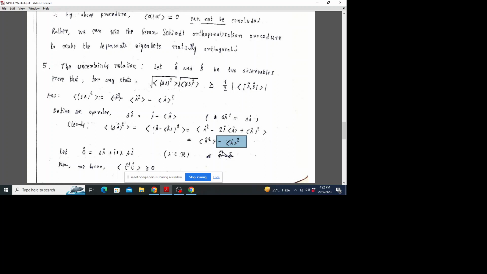So you see, this part is just a number, so you can treat it as a constant coefficient, and this is not an operator. But this part is an operator, so I hope it is very easy to convince yourself that this will be the result.